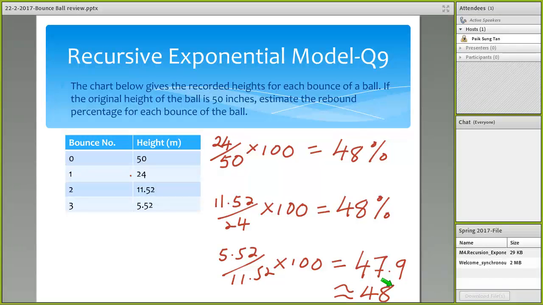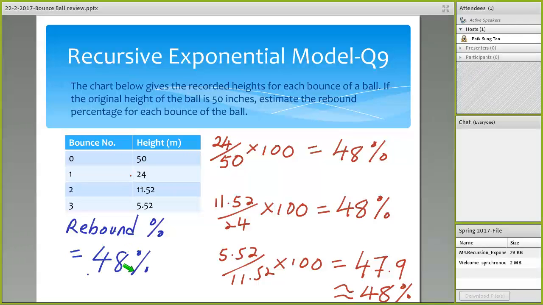So I would say close to 48%. All right. So the rebound percentage is equal to 48%.